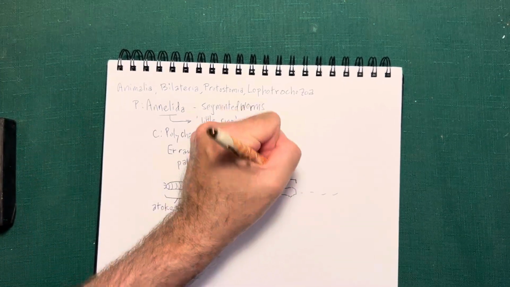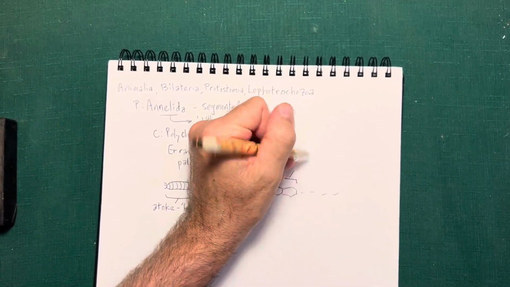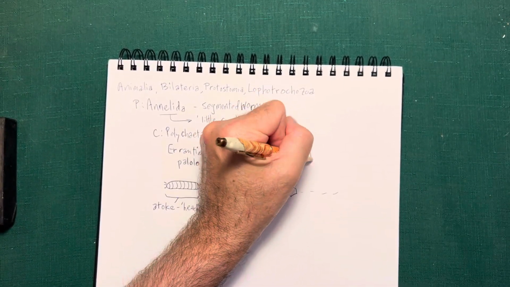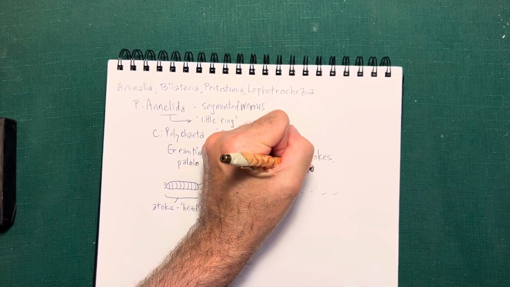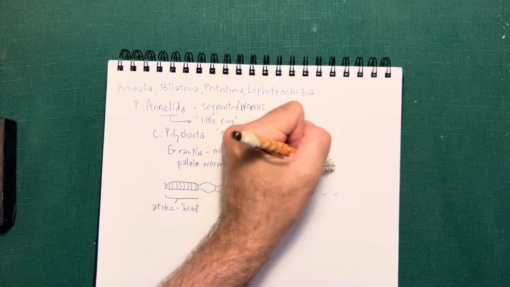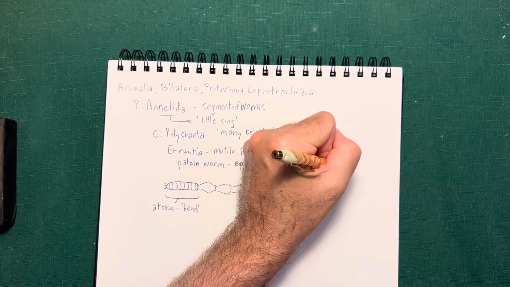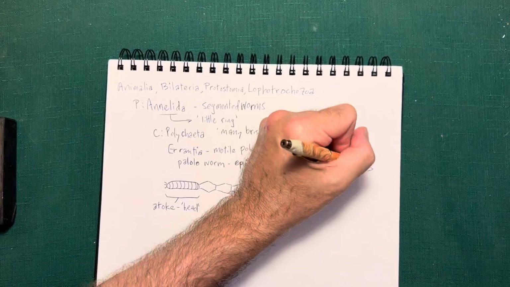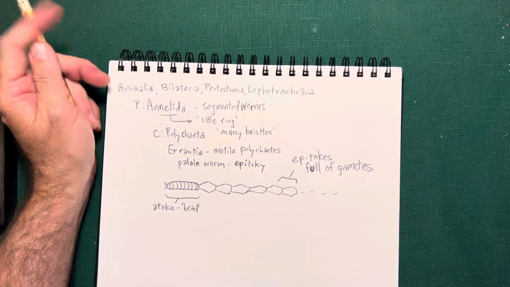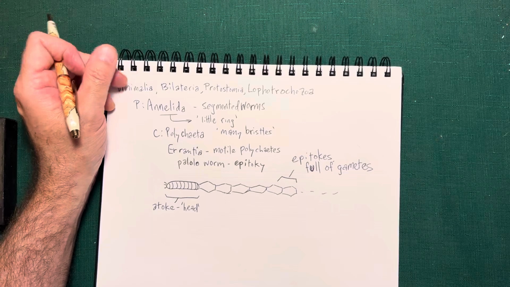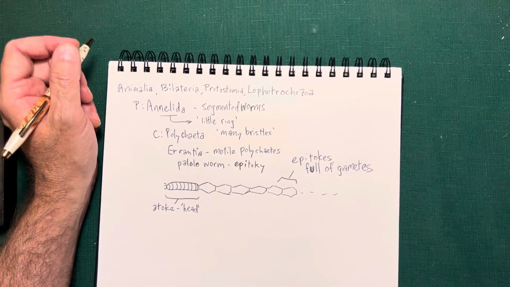These are segments known as epitokes, and they are full of gametes. I believe, I'm not sure, I believe that these are dioecious, so they're male and female Palolo worms.